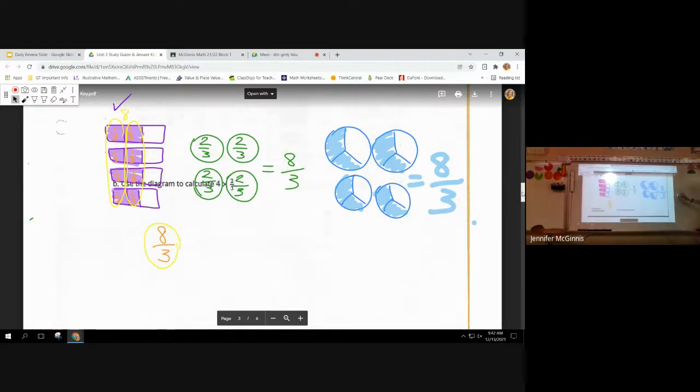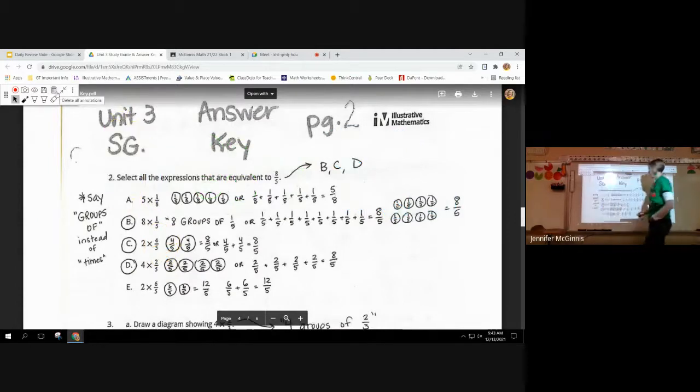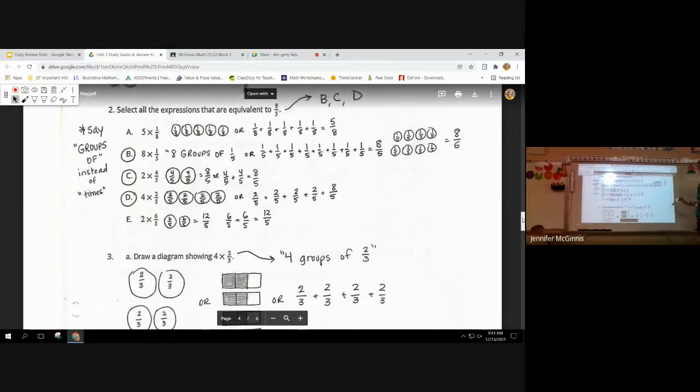So as we travel down here, for the top one, select all the expressions that are equivalent to 8/5. I selected the ones here that are equivalent to 8/5.